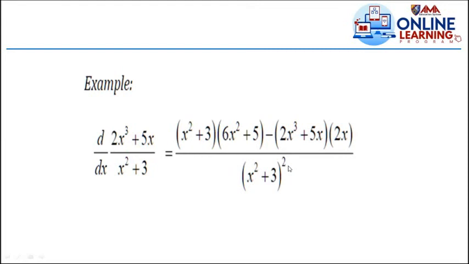Or you can have your solution using the FOIL method. We can continue that, you can also do that. To simplify, we use the FOIL method and multiply: 1, 2, 3, 4.